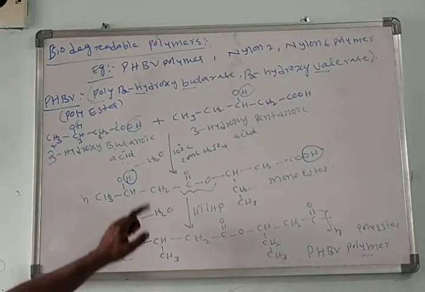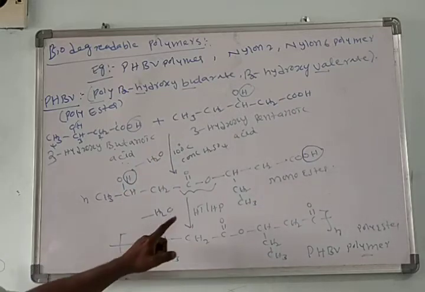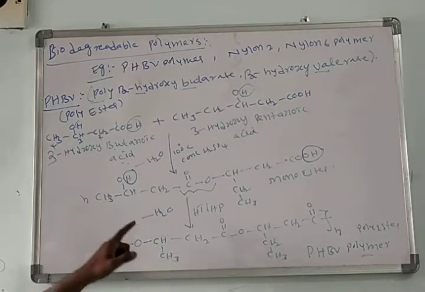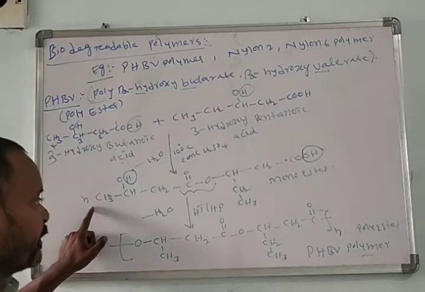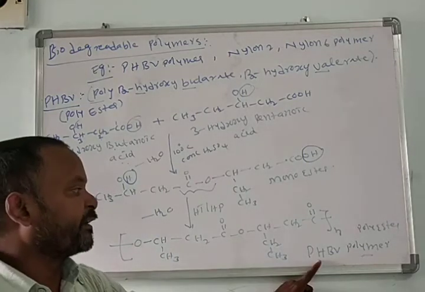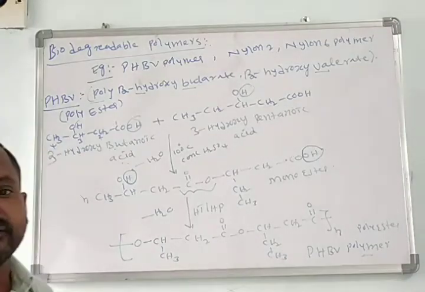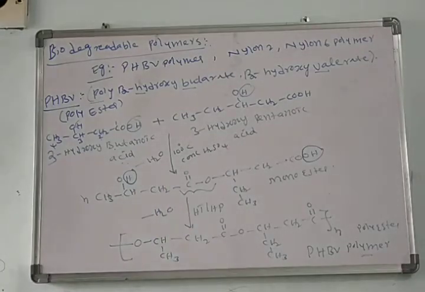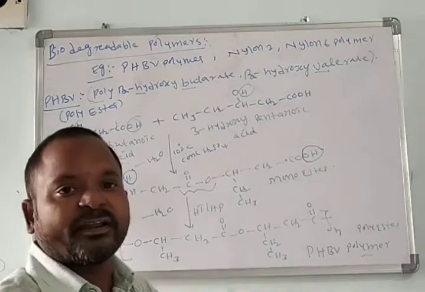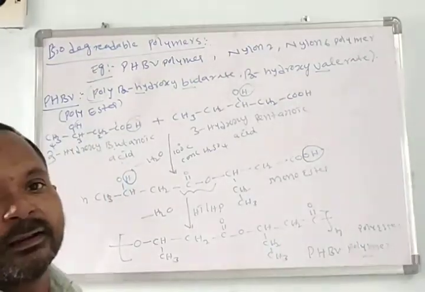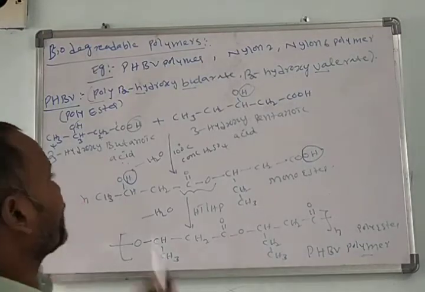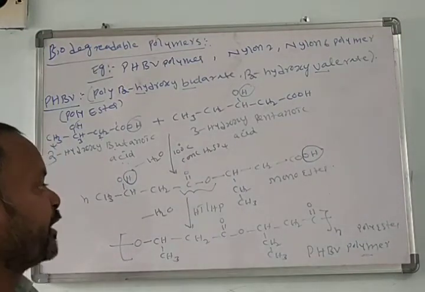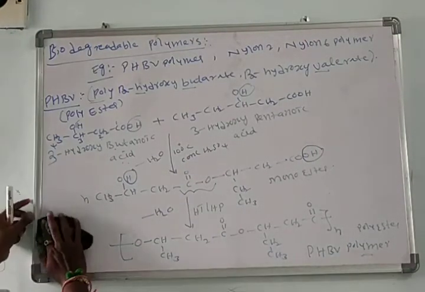By the loss of water and at high temperature and high pressure, this monoester undergoes polymerization and forms PHBV polymer. This PHBV polymer involves in bacterial degradation in the environment. This is about the preparation of one of the biodegradable polymers, PHBV.